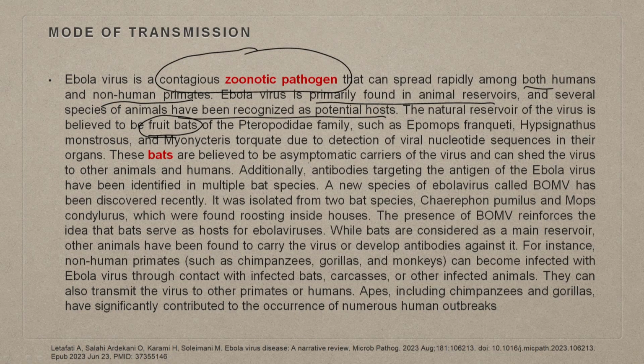These bats are believed to be asymptomatic carriers of the virus and can shed the virus to other animals and humans. Additionally, antibodies targeting the antigen of Ebola virus have been identified in multiple bat species.